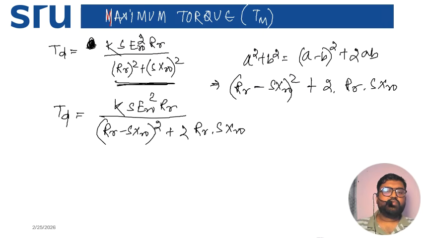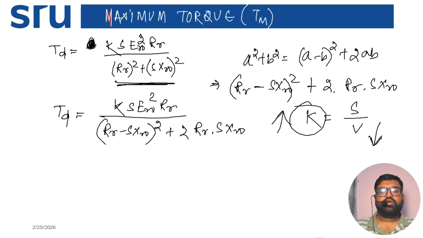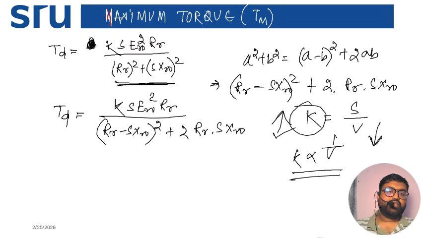Now one question I am just asking. Suppose K equals S by V. Then when V is minimum, K will be maximum, because K is inversely proportional to V. Similarly in this condition also, when the denominator decreases, the torque will increase.